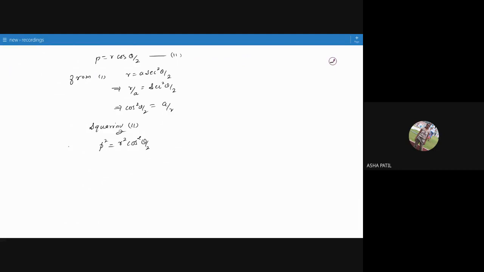Now let us substitute the value of cos square theta by 2 from equation 3 in this. p square is equal to r square into a by r, from equation 3. r cancels off, p square is equal to a r. Now we have got the pedal equation of the given curve.